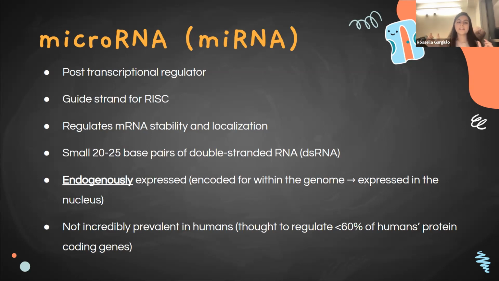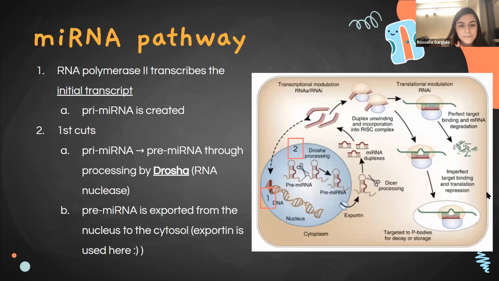It is a really small segment of RNA, and it forms the hairpin loop that we saw before in attenuation, which is why it says double-stranded RNA, because the complementary base pairing forms a hairpin loop.